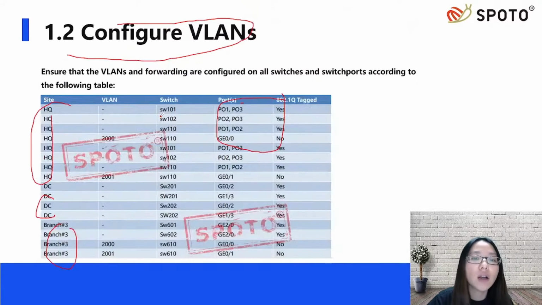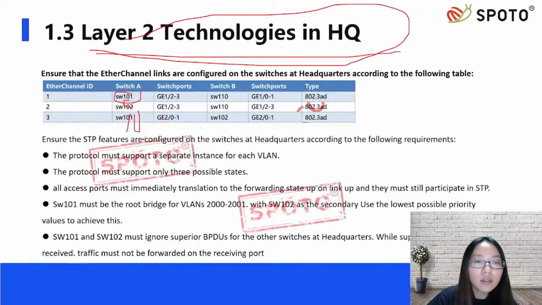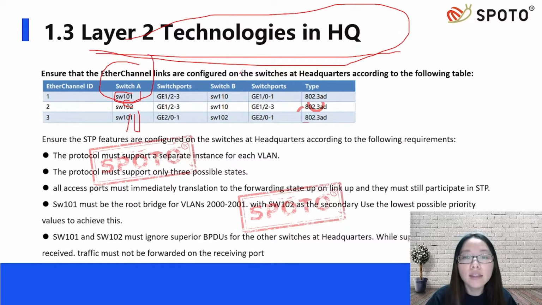This is 110. It's in our HQ category. You can see we should configure Ether channel links on these 3 switches. The second is about our STP feature.